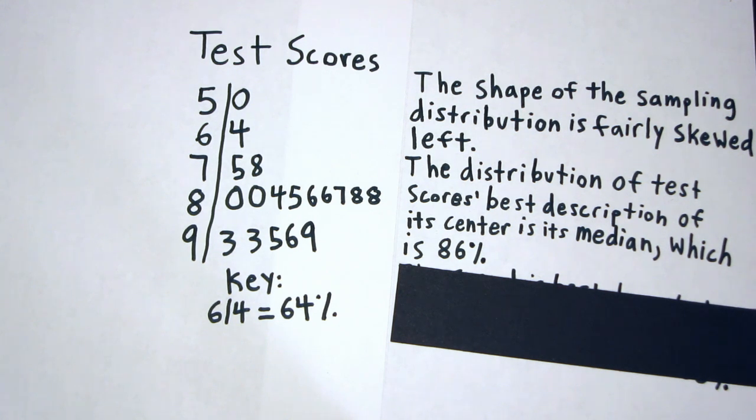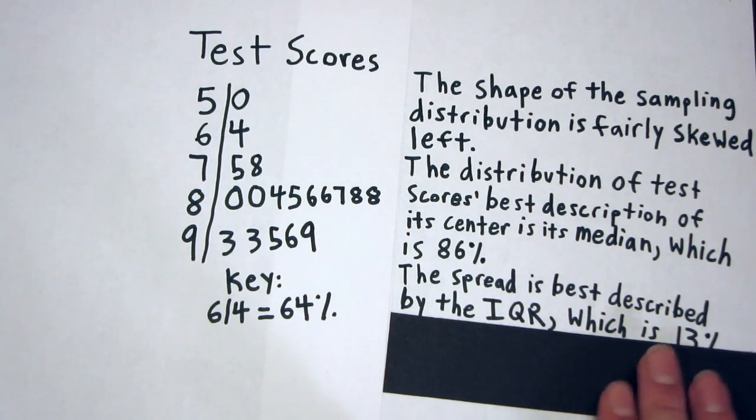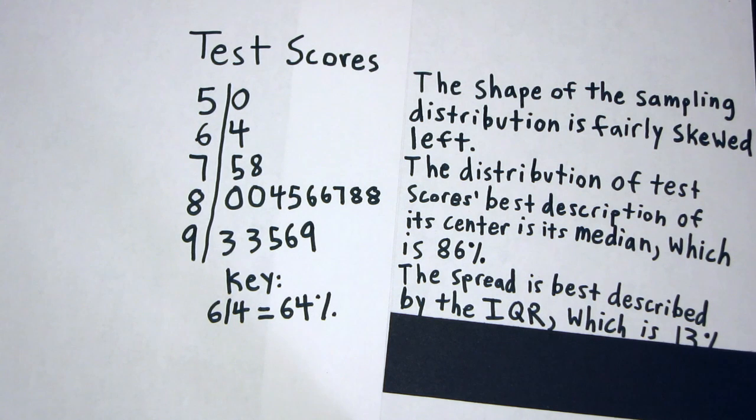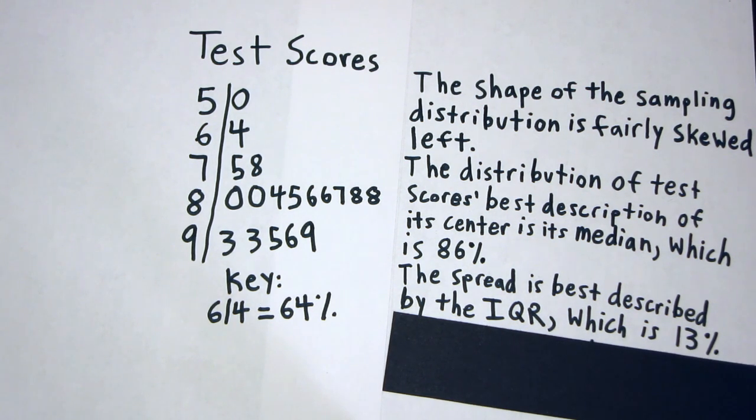Next, we want to describe our variability, or what I like to call our spread. I would say the spread is best described by the interquartile range. I usually just abbreviate to IQR, which is 13%. Same as the median, the best description of our spread is our interquartile range because our shape is skewed left.